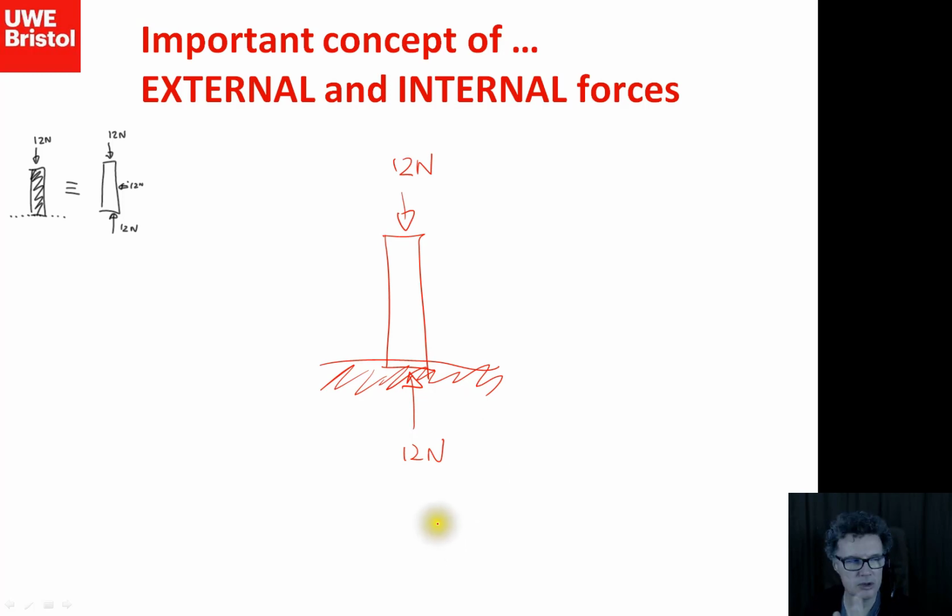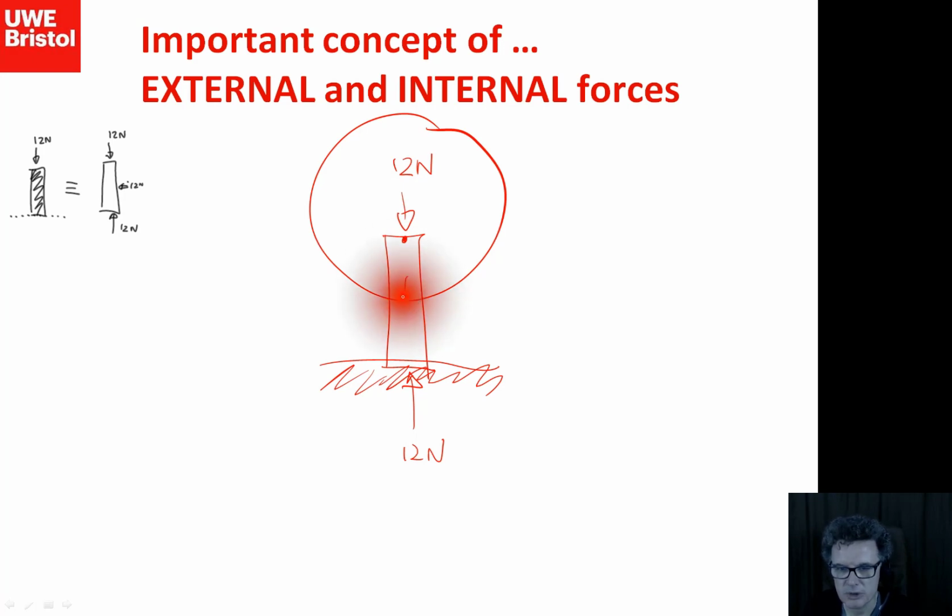So what I just did with the string, now let's do with the bar. Let's do a method of joints, where my joint is where this force is going to be applied, so it's kind of like there.